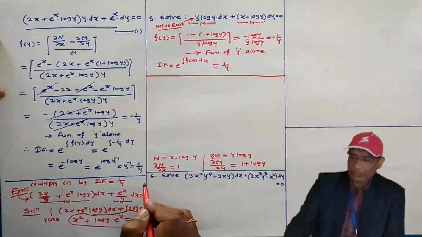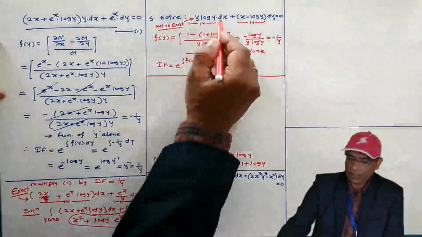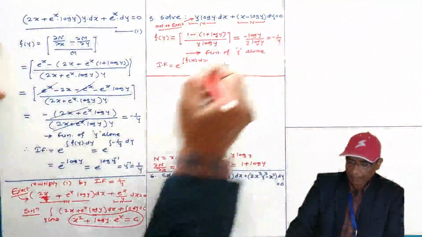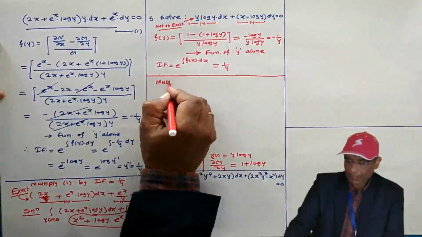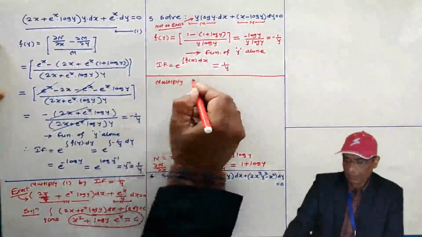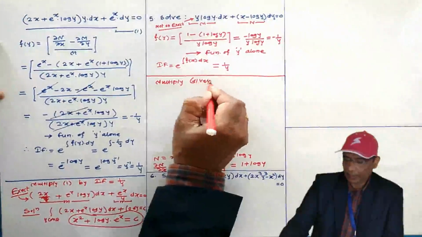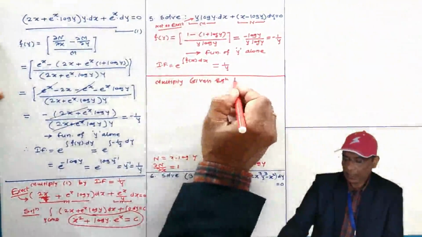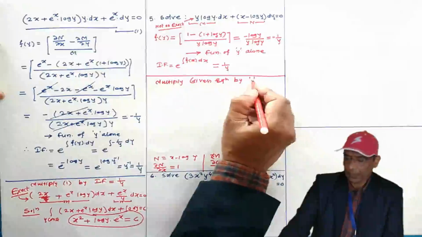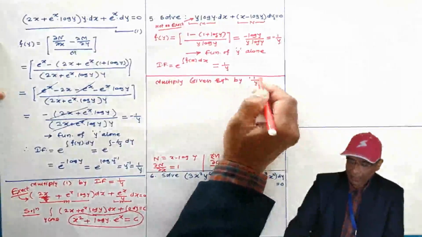Now once you get the integrating factor, multiply the given equation by the integrating factor. The integrating factor is 1 by y. Multiply this by 1 by y.